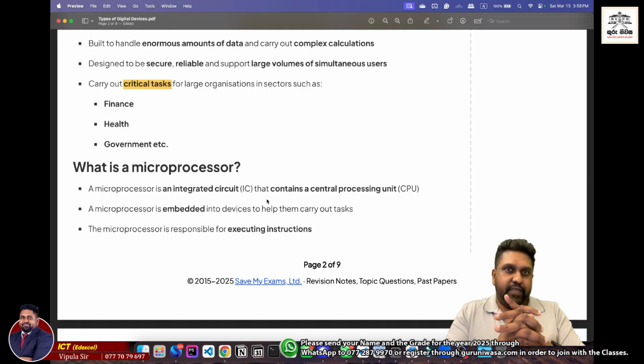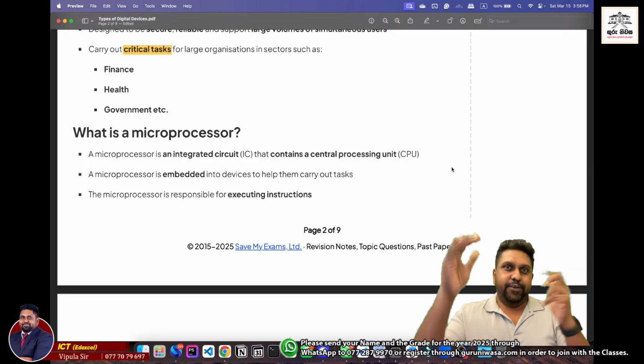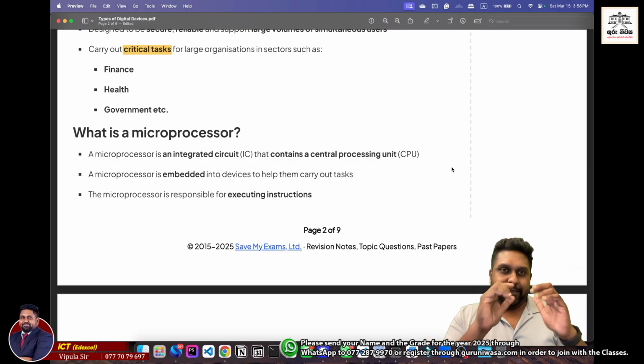Not a massive number of processes, but a small circuit, a small IC, which contains a central processing unit but is focused on carrying out a certain set of small tasks. An example is a LED bulb, which also has an IC in it. Each bulb needs to process a certain type of data to make sure the voltage is intact and the bulb is working, right?